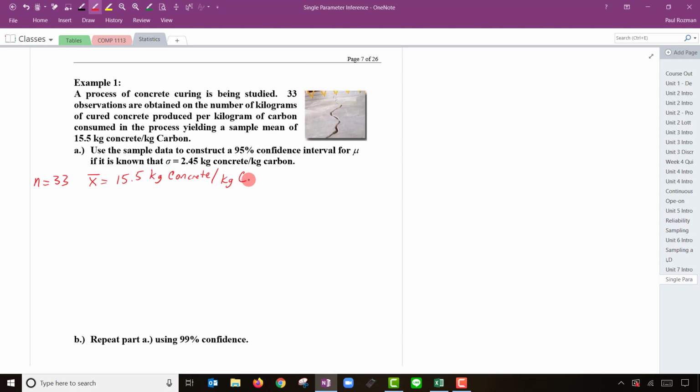I would probably also have calculated the standard deviation. I would probably have gotten an S out of that, but the data here doesn't tell me what that was.